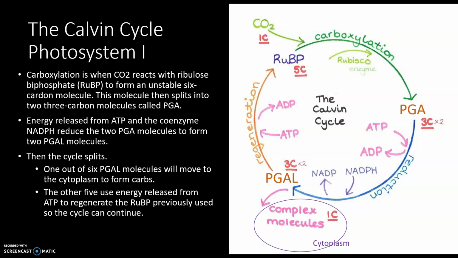Therefore, it will split into 2 3-carbon molecules that we call PGA. PGA is going to go through reduction. This reduction uses the energy found inside of ATP and the coenzyme NADPH in order to form PGAL.